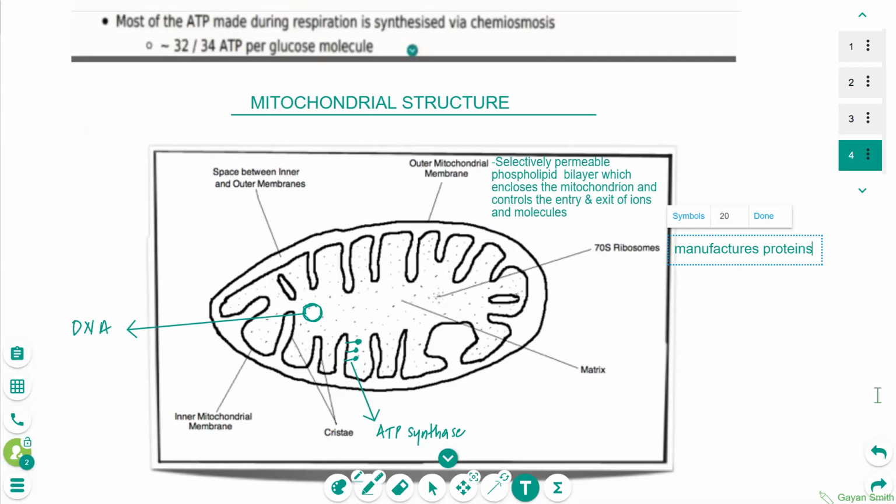So the mitochondria also has its own ribosomes, so it can actually manufacture its own proteins.